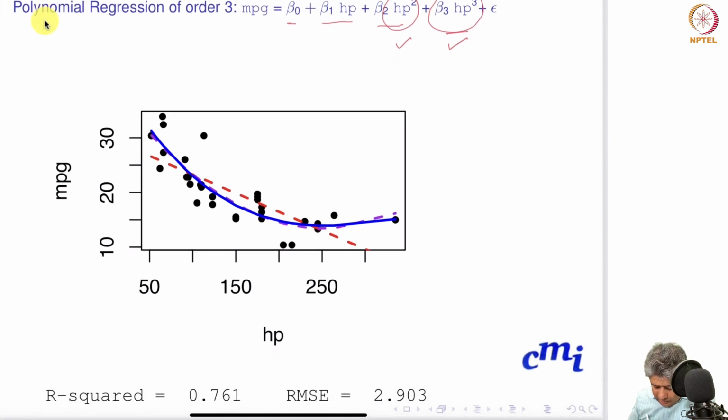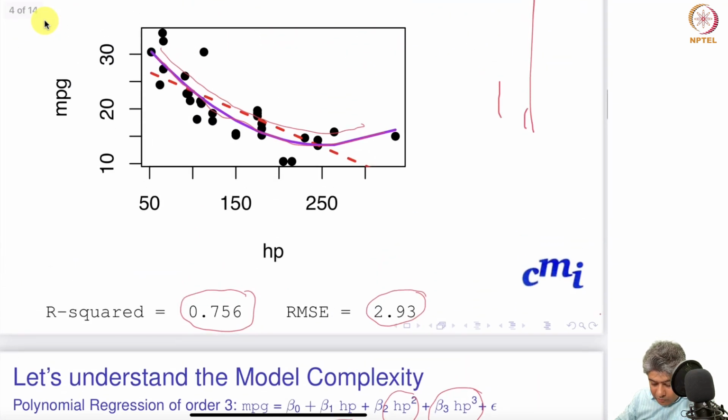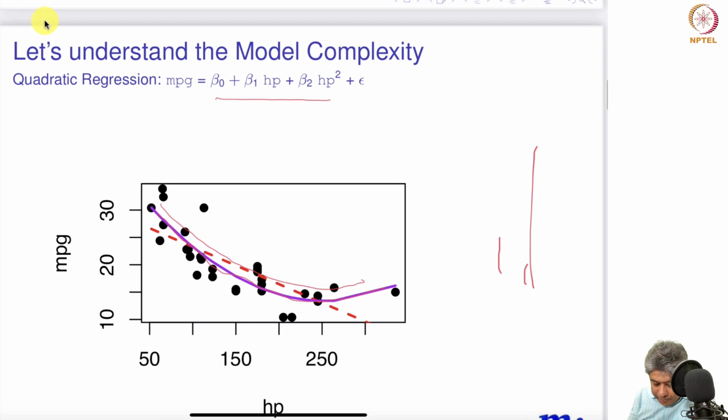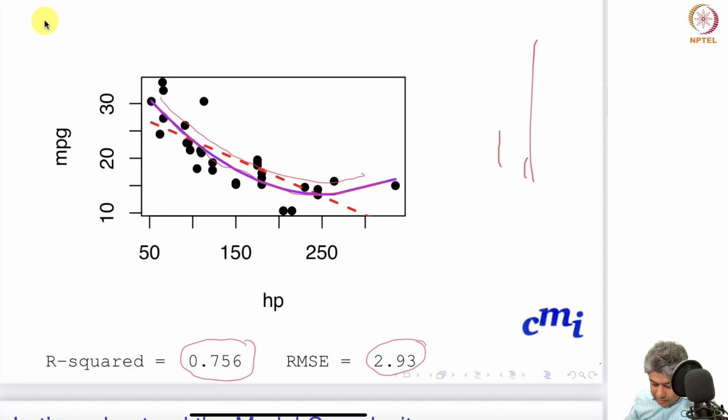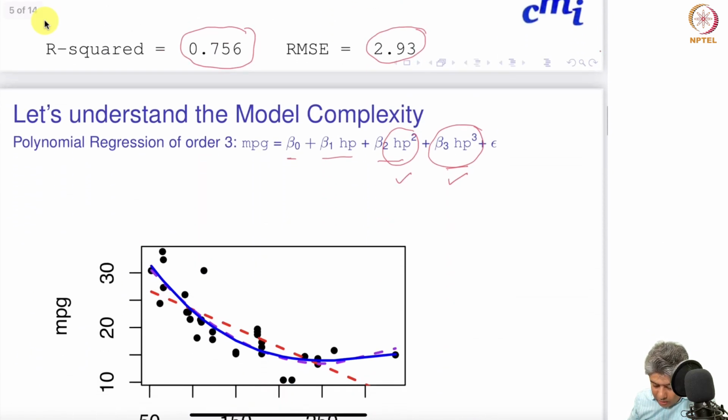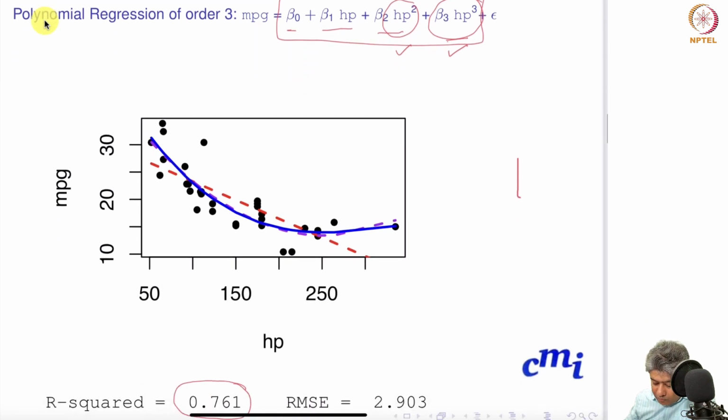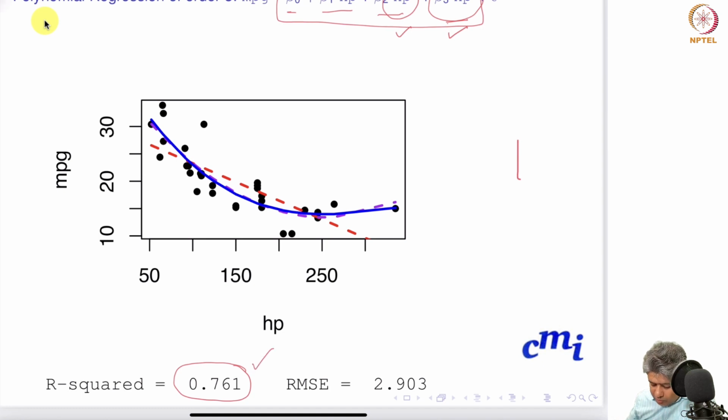As a result, we see R square is now 0.761, 76%. Previously, with the quadratic model, we had 75%. Now with a cubic polynomial of order 3, we have 76%, and RMSE is 2.903.